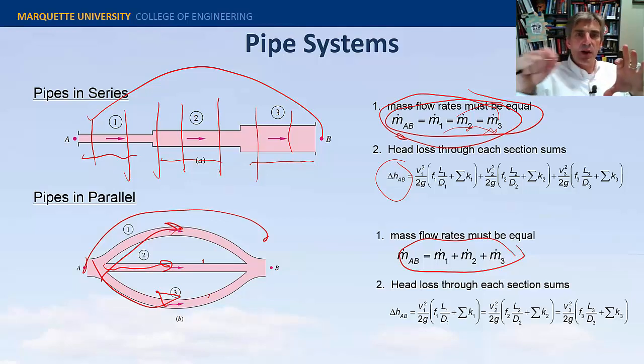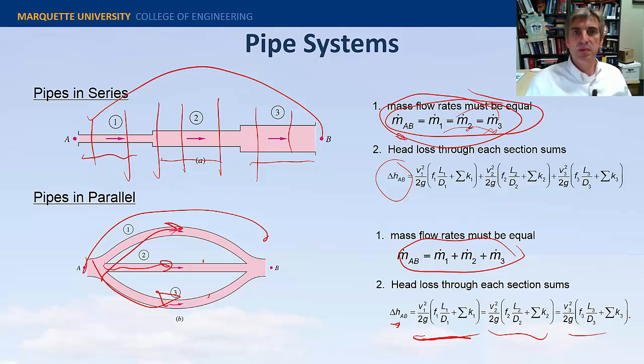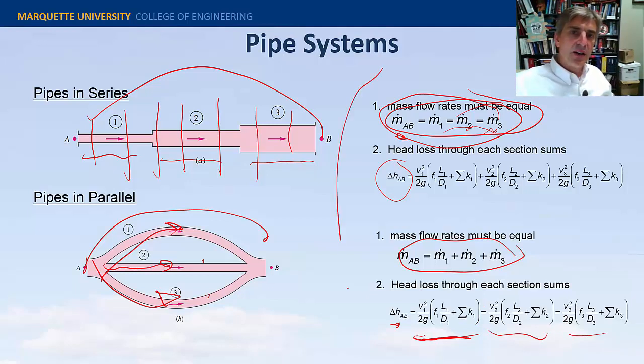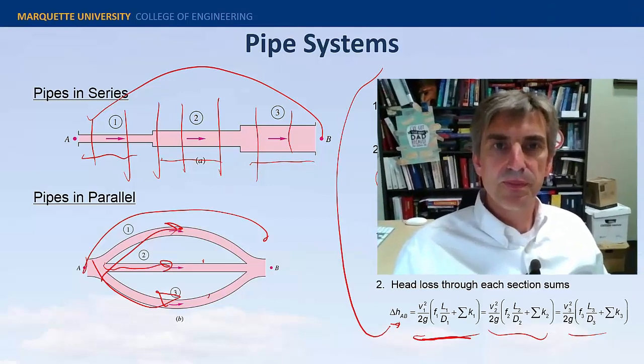So which way the flow decides to go down this branch of parallel pipes becomes the same resistance to go each way, so the system is in equilibrium. So the head loss from A to B you could calculate as either the head loss from pipe 1, which is equal to the head loss through pipe 2, which is equal to the head loss in pipe 3. So these are like your resistors in parallel or resistors in series.